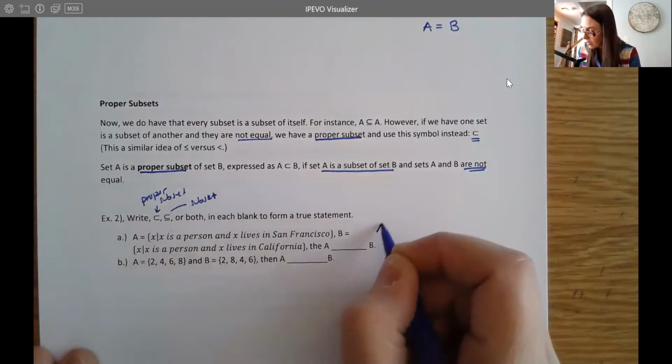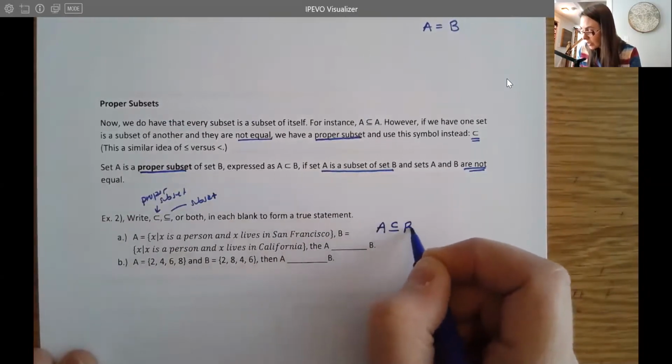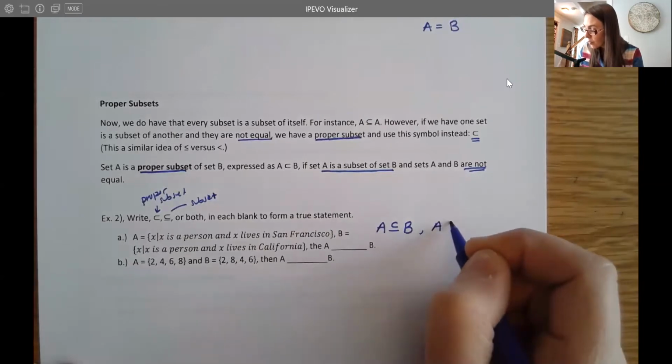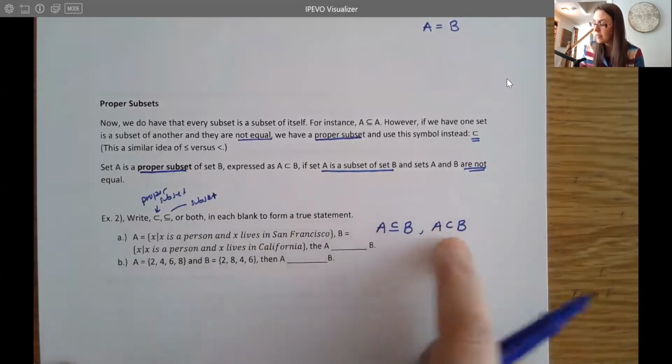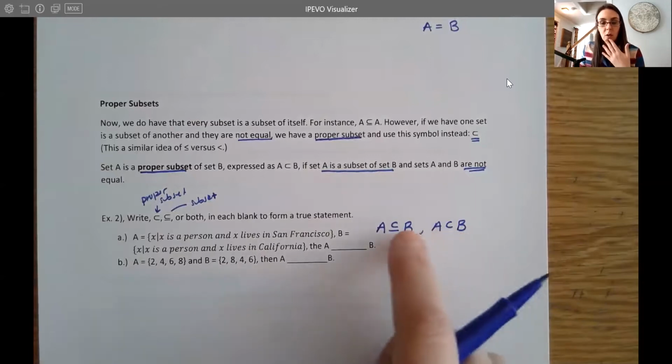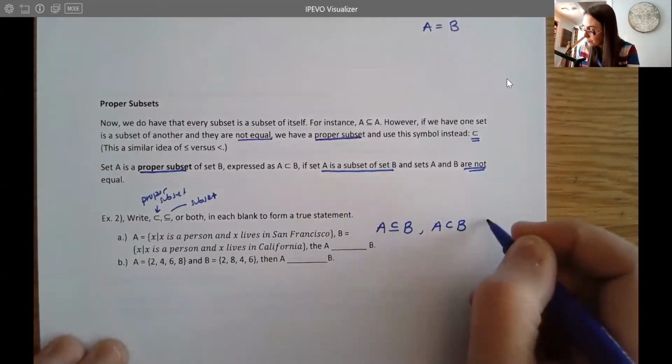So A is a subset of B. And actually, A is a proper subset of B because there would be extra elements in B, right? Because people can live in more than one place in California, so there could be extra elements here. So really both is the answer for this one.